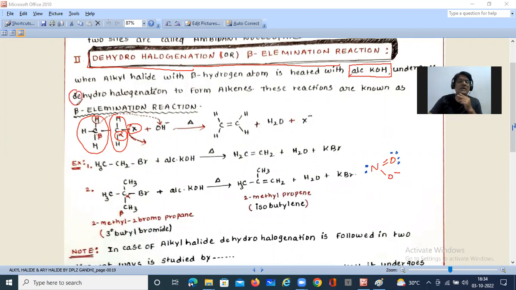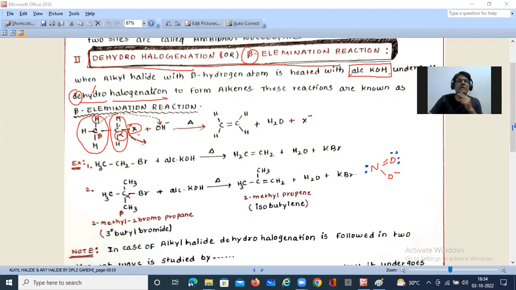De stands for removal. So what we need to remove here is hydrogen as well as halogen. According to our topic, hydrogen should be removed from the beta carbon. That means any one of the hydrogens should be eliminated from this compound.